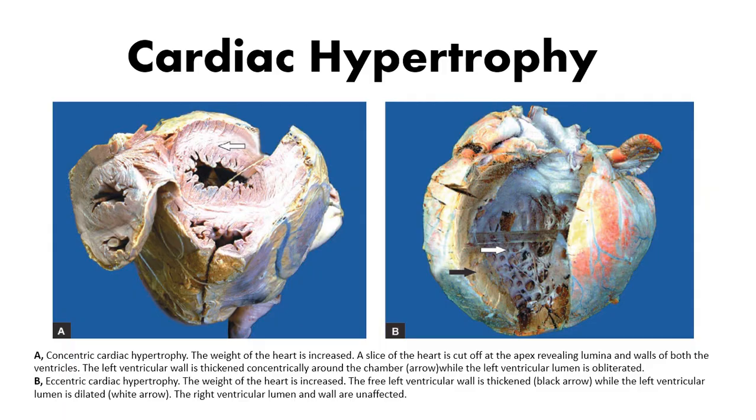This one here is a case from a dog. This dog has thickening of the ventricular muscles of the heart, thickening of the myocardial part of the heart. So here, this is the thick part.